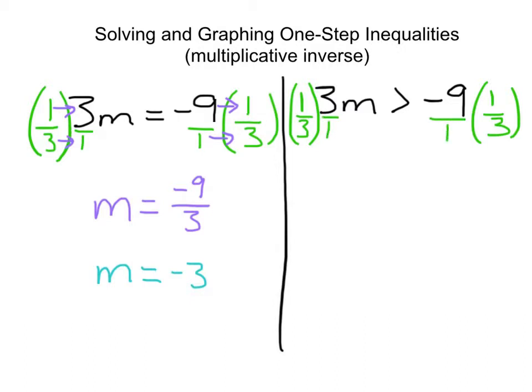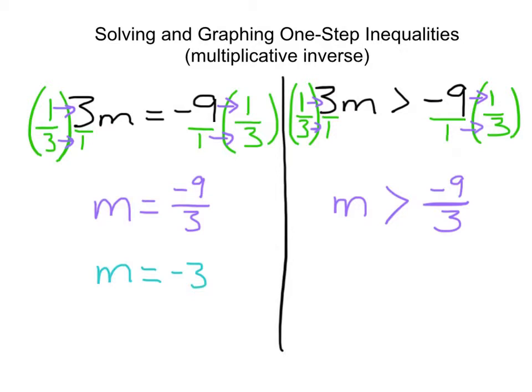Since the coefficient of m was 3 over 1, I'm going to multiply both sides of the inequality by 1 over 3. Just like with the equation, when I multiply, I end up with 3 over 3, which is a value of 1. So I just write the variable m to represent 1m, and I have greater than, and I'm going to multiply straight across here, and I get negative 9 over 3, just like we did with the equation.